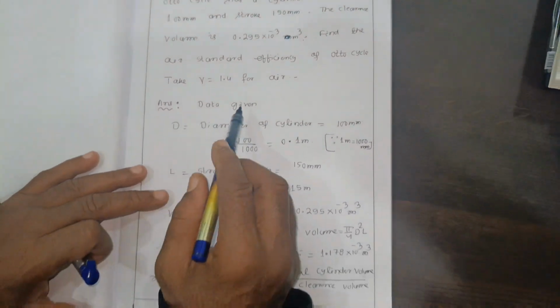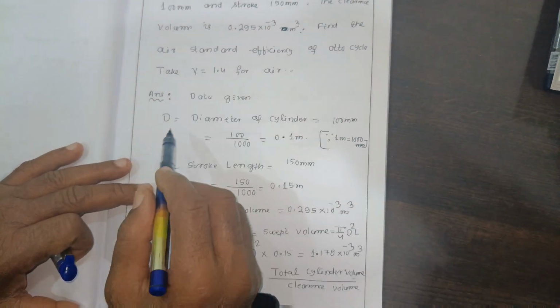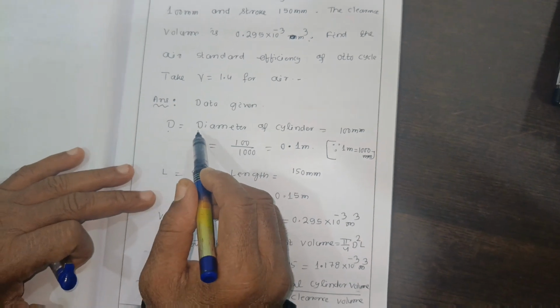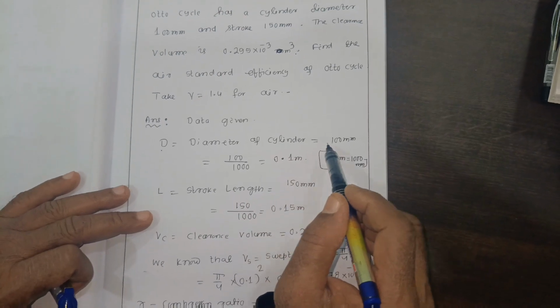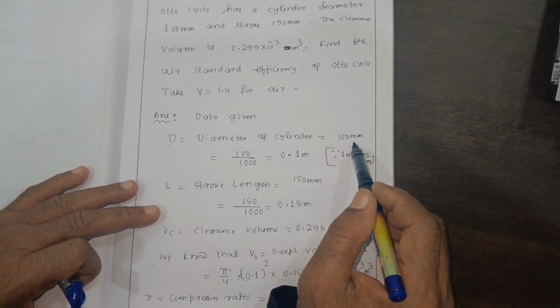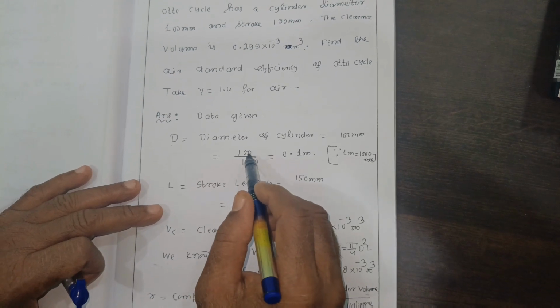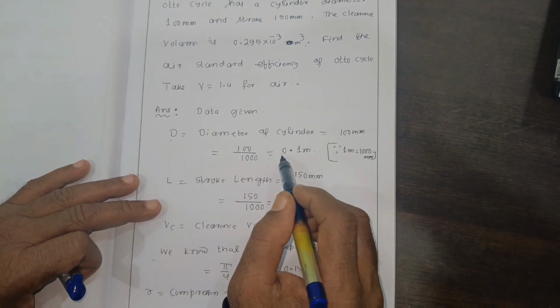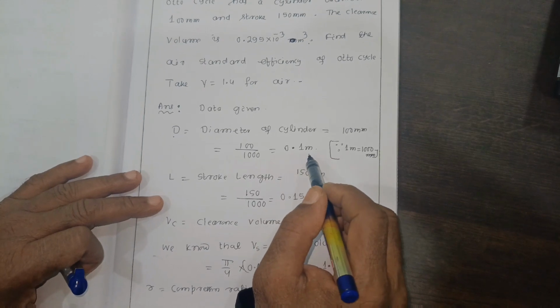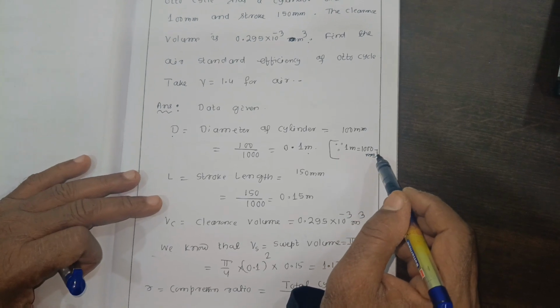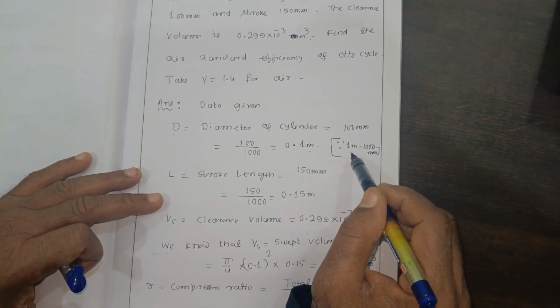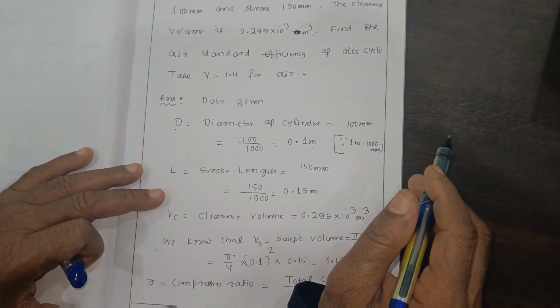Now data given. You know that D is equal to diameter of cylinder is equal to 100 mm is equal to 100 by 1000 is equal to 0.1 meter, because 1 meter is equal to 1000 mm or 1 mm is equal to 1 by 1000.